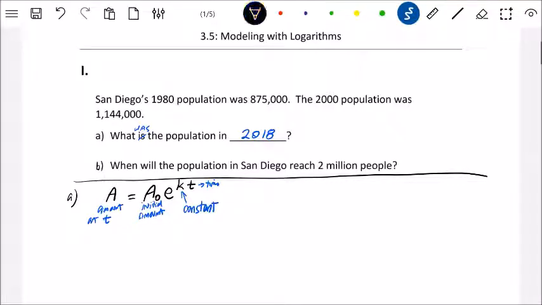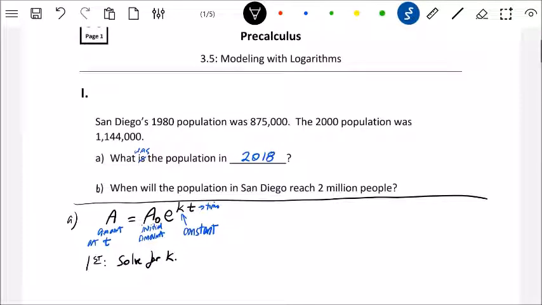So the first thing we need to do is solve for k, because the other information we will get from what's given to us. One of the things this tells us is that the time was 1980, and the population in that year was 875,000.